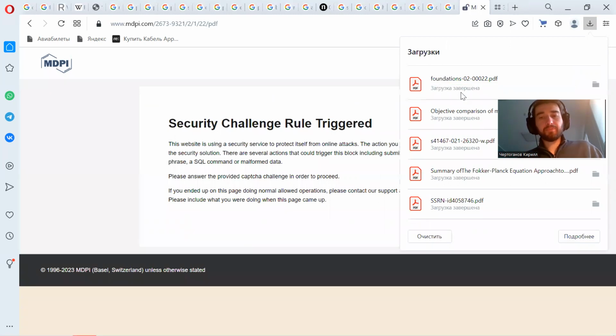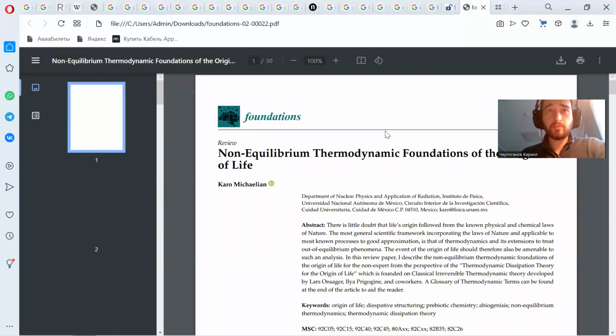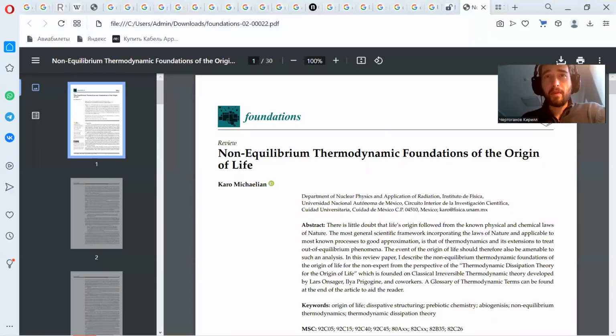Let's open it. Okay, let's see, it should be found here. Let's watch this article: non-equilibrium thermodynamics foundation of the origin of life.